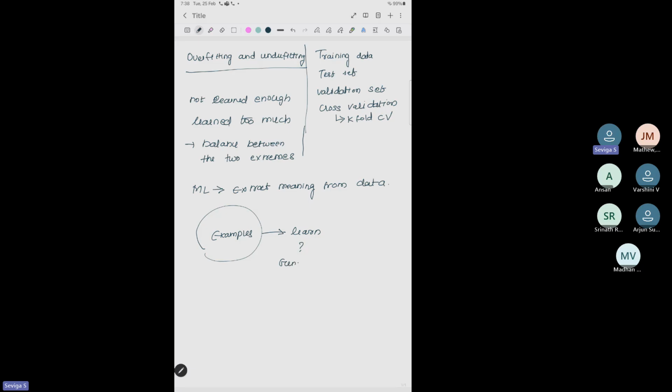The general set of rules which is inherent in the examples. We will learn the general set of rules to extract meaning from the data. Once we have learned this general set of rules, we can deploy it in the real world. Once these rules are learned, we can apply them to new data so that we can extract some information.